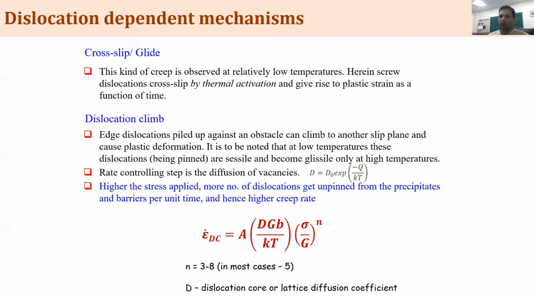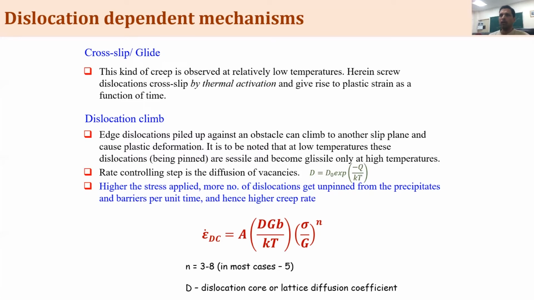So strain rate gets increased because of increasing stresses. And you can see this effect that this is dependent on the stress, because N is equal to 3 to 8. So the order of N has become higher. Earlier, for the diffusional creep, we saw N was of the order of 1.